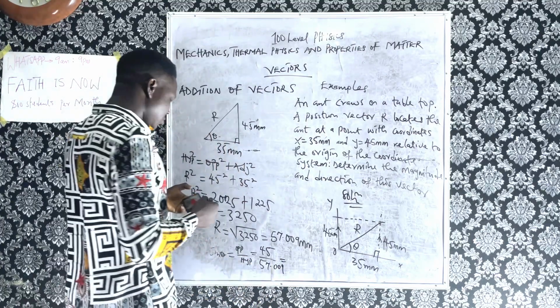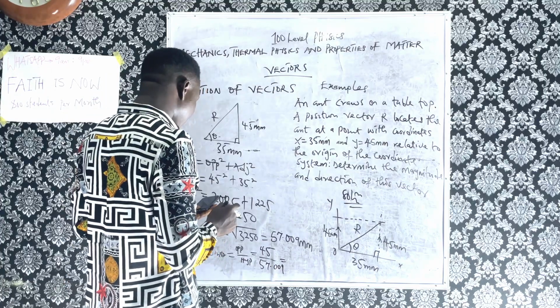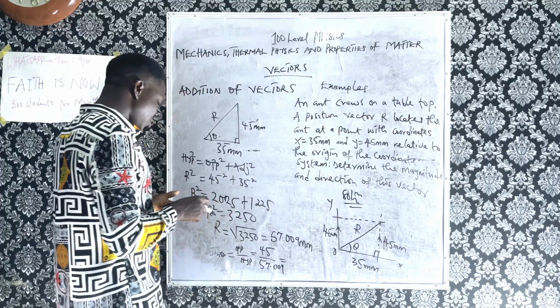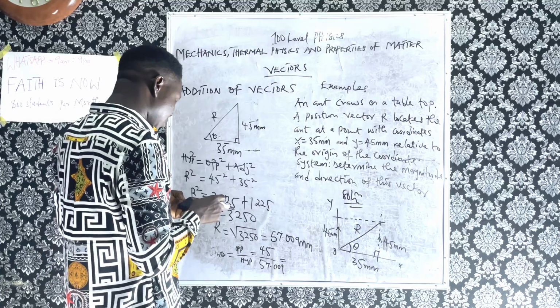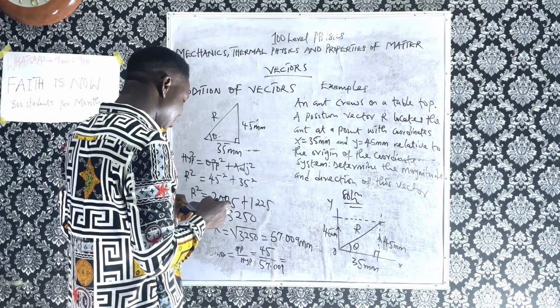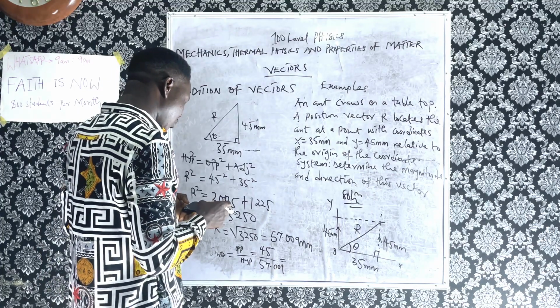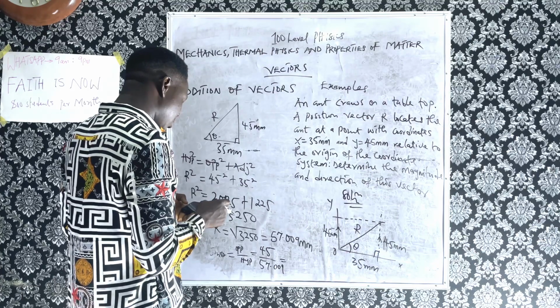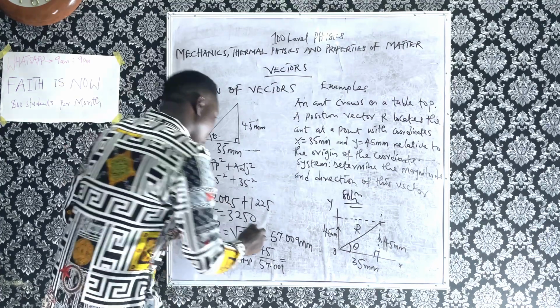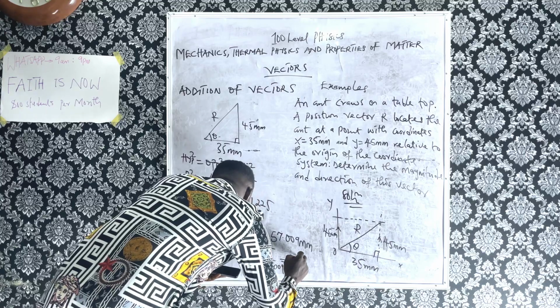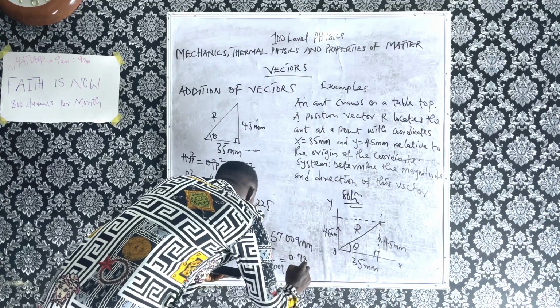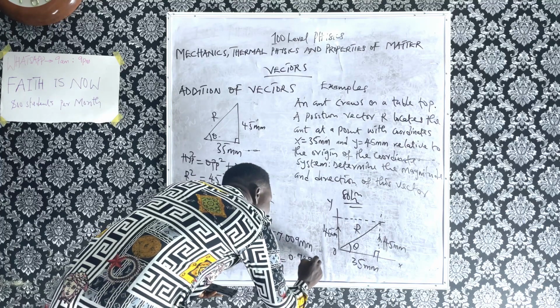I'll just go straight to the point. I'll just divide. So that should be 45 divided by 57.009. The answer I got here is 0.7893.